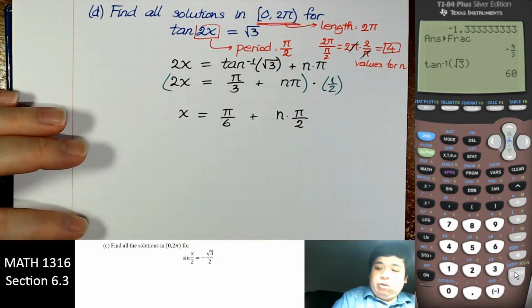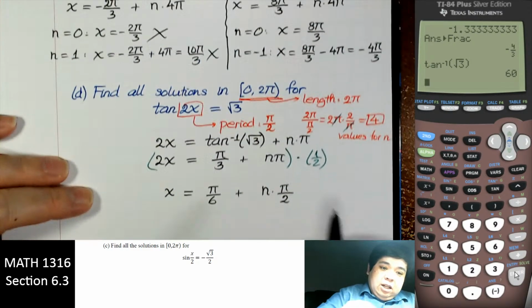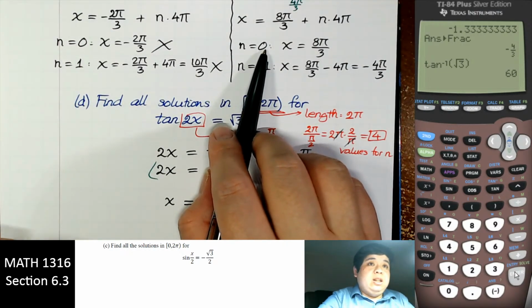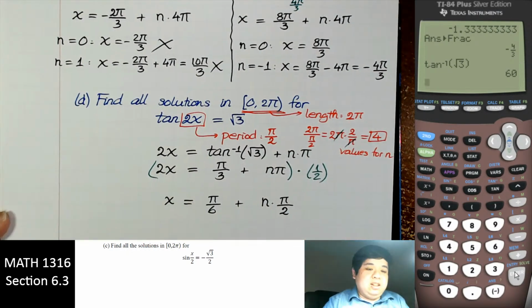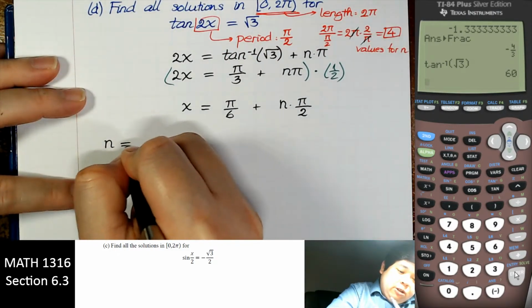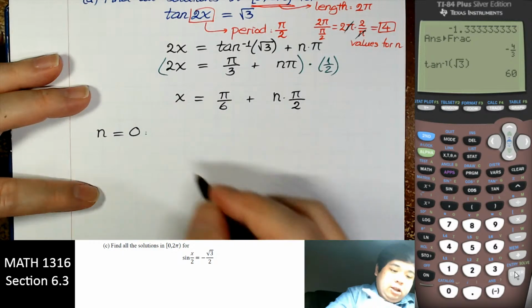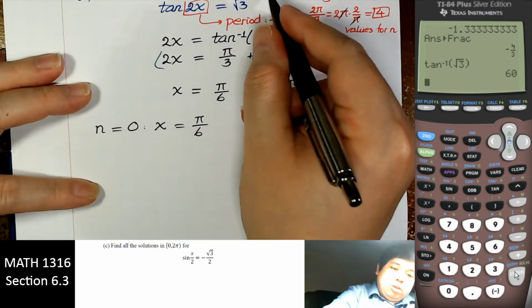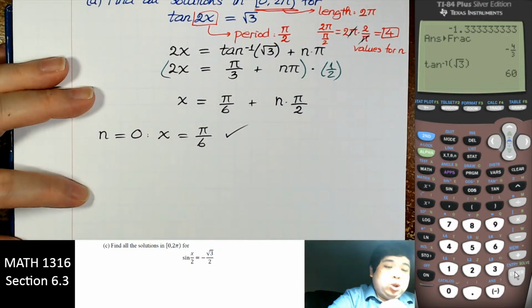So let's choose some values for n. If we start with 0, if it doesn't work, add something to it. If it is too much, subtract. And so that's the way it goes. So I choose n equal to 0. We have pi over 6, which is between 0 and 2 pi. That's good.